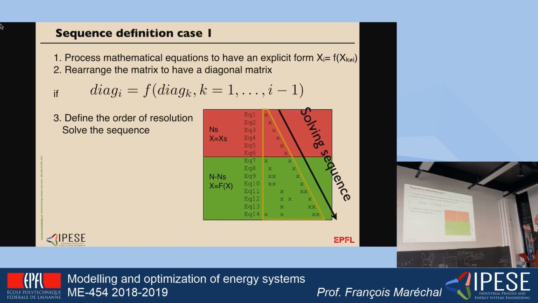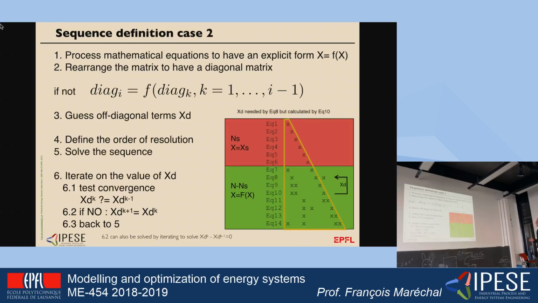Okay, so we have a very nice sequence in this case, but it's not always possible to do this. Okay? It might happen that sometimes you will have a situation like this where you have exactly one element on the diagonal, but you still have compounds on the U side, so the upper side of the matrix.